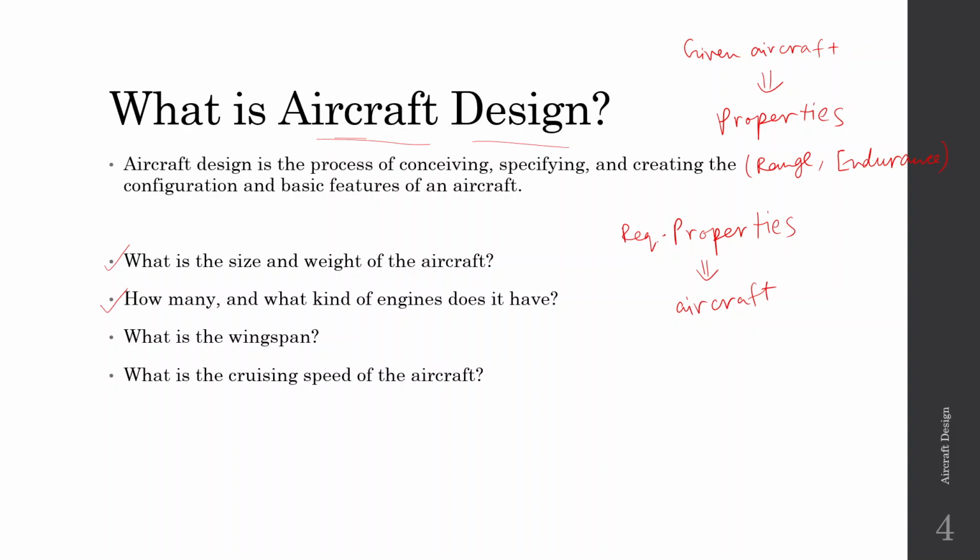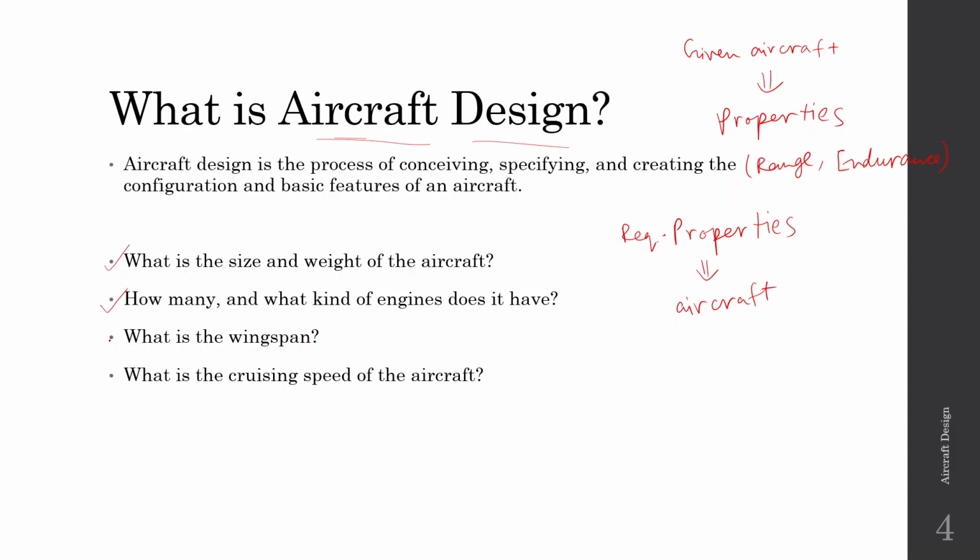Long range airliners are required to have multiple engines, because if one engine fails, it can still fly on the other engines. So the requirement of flying long range dictates the number of engines. This is part of the design process.